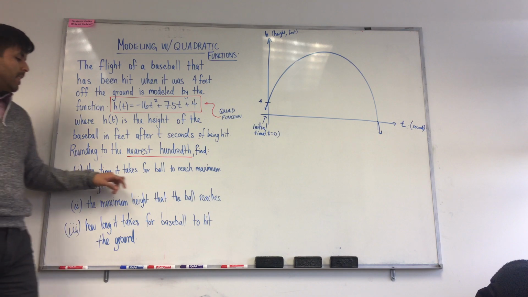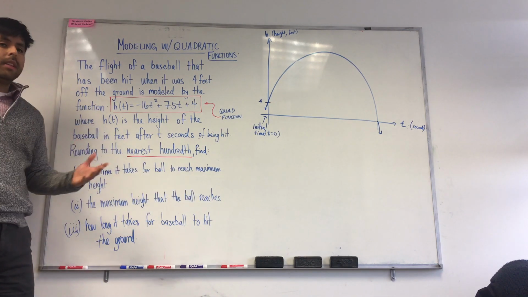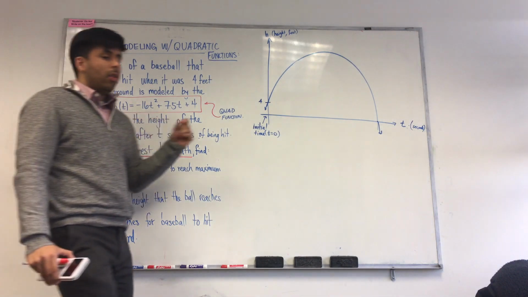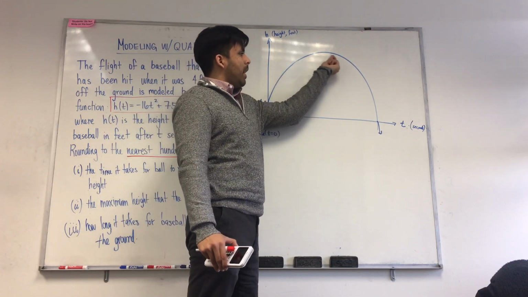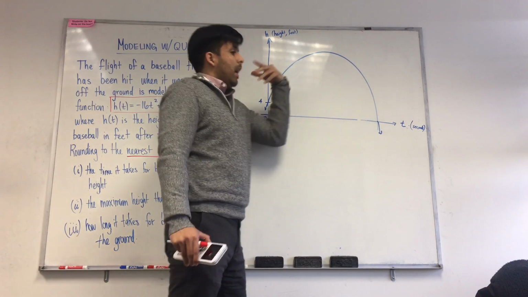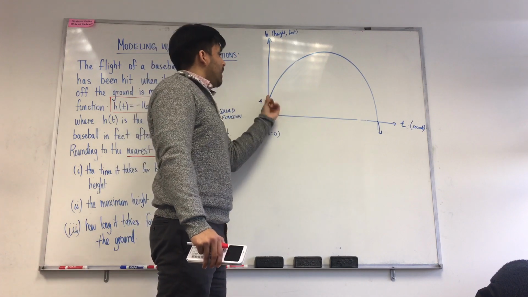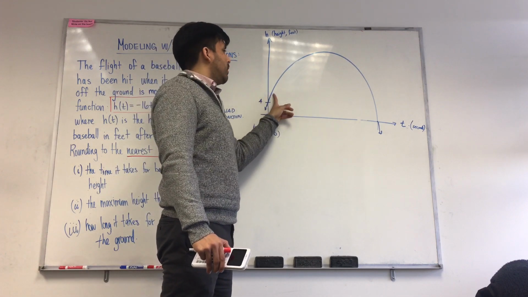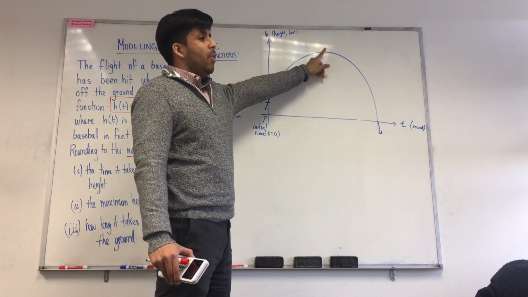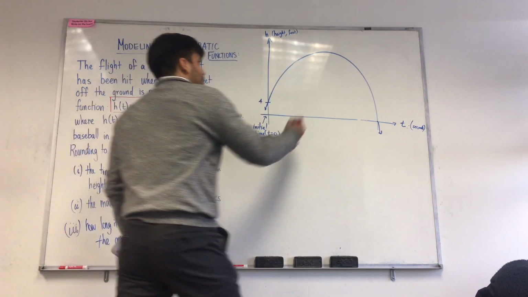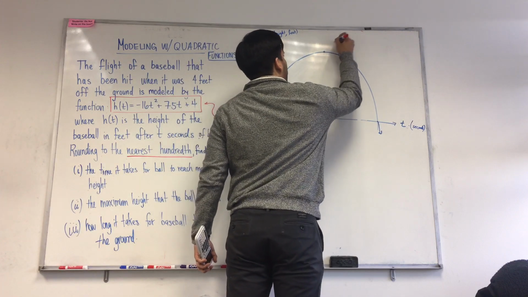It says, find the time it takes for the ball to reach the maximum height. Well, this baseball undergoes this parabolic trajectory. So I can say to myself, what is the time that it takes for the ball to reach the maximum height? But if I look at this, I know that the maximum height is given by what's called the vertex.